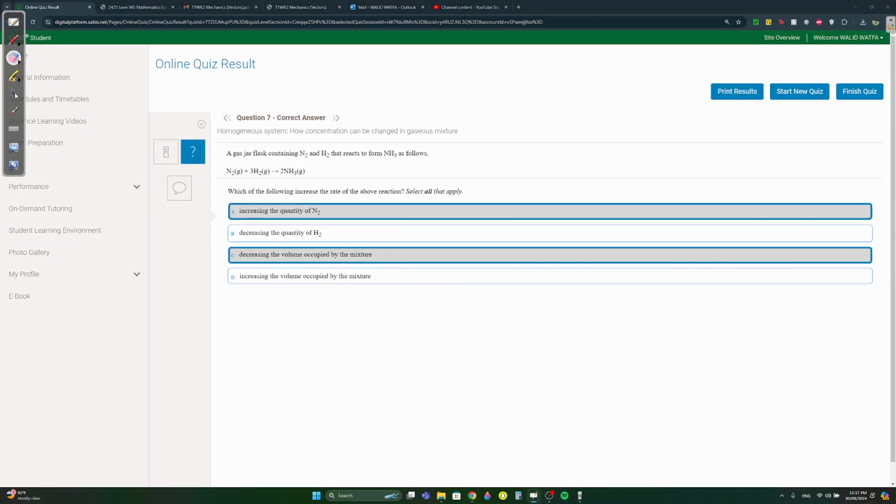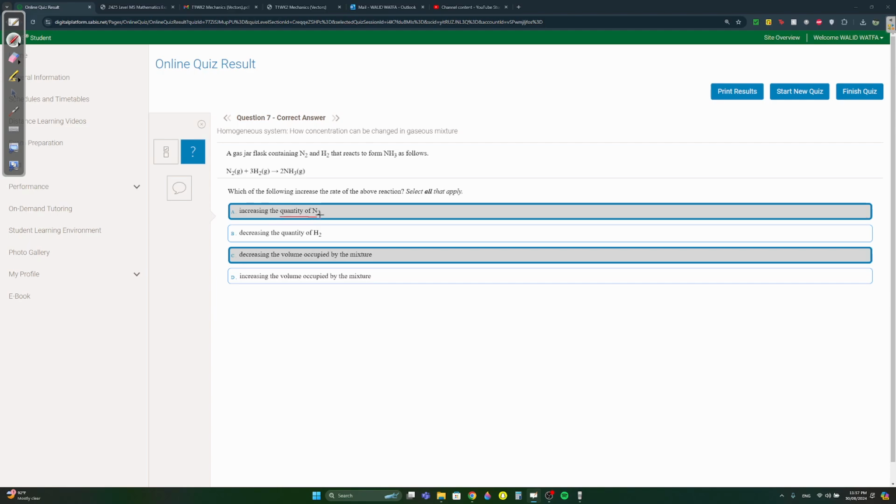Question 7. A gas jar containing N2 and H2 reacts to form NH3. Which of the following increases the rate of the above reaction? Part A, increasing the quantity of N2. Will that increase the rate?